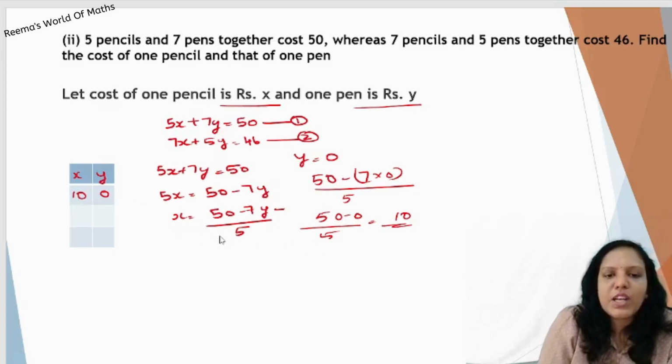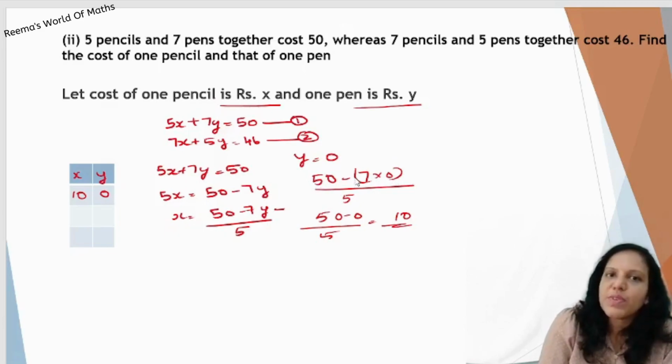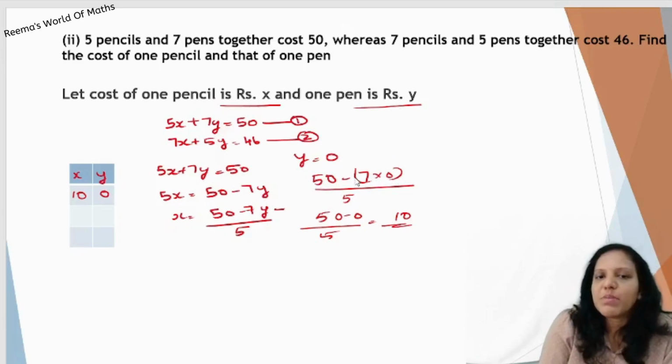Now let's replace the value of y with 5. We know 7 multiplied by 5 is 35, so 50 minus 35 gives 15, which is divisible by 5. We need a number that ends with 5 or 0 so that it is divisible by 5.